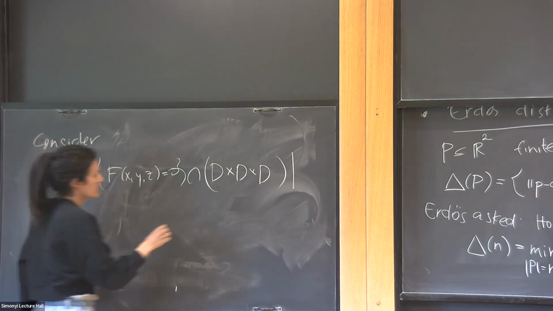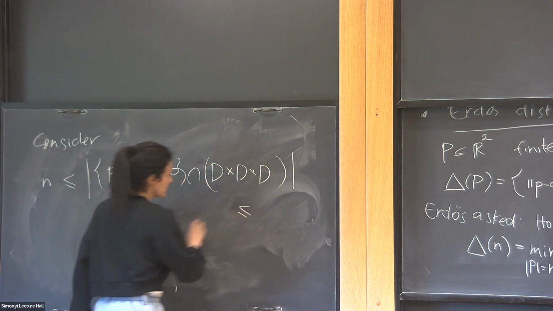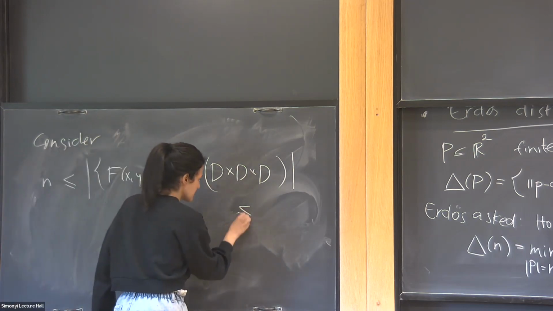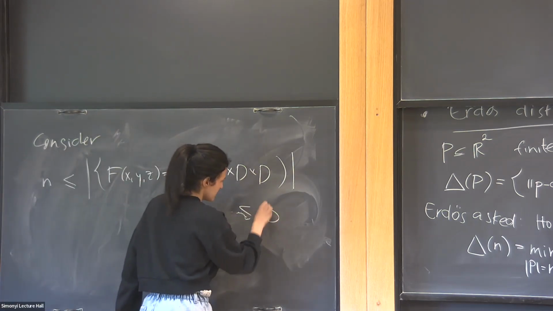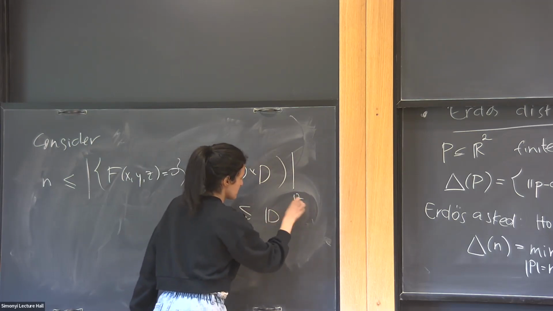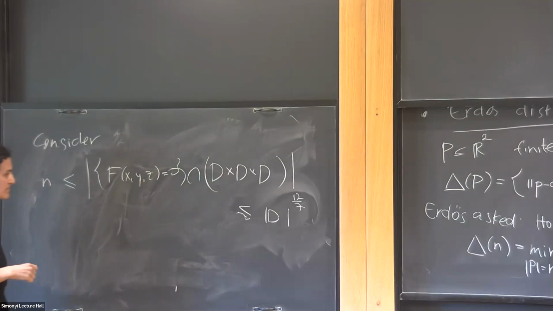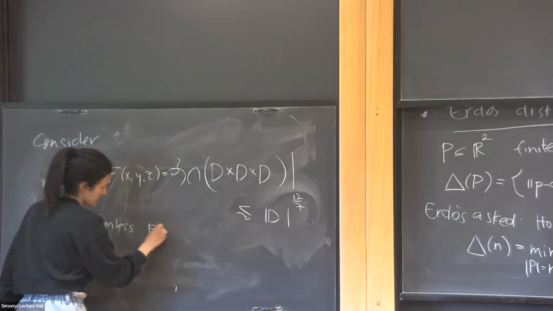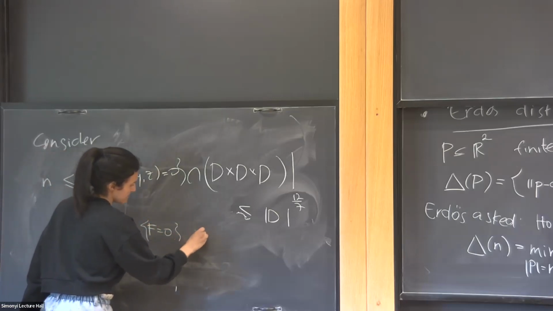And on the other hand, I know by Elekes that this intersection cannot be too large. So up to a constant, it must be at most cardinality of D to the power of 12/7. So this happens unless the surface F equals 0 is special.